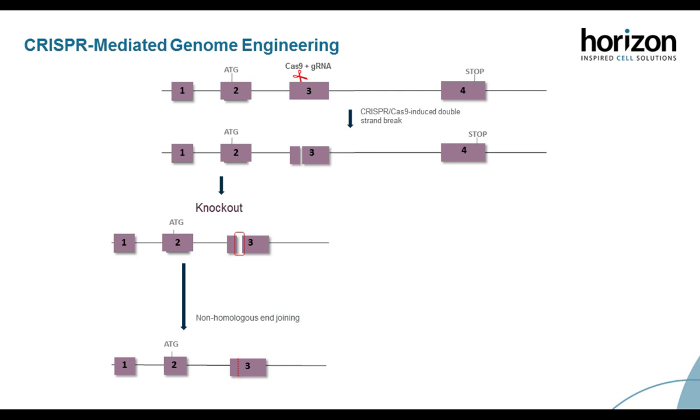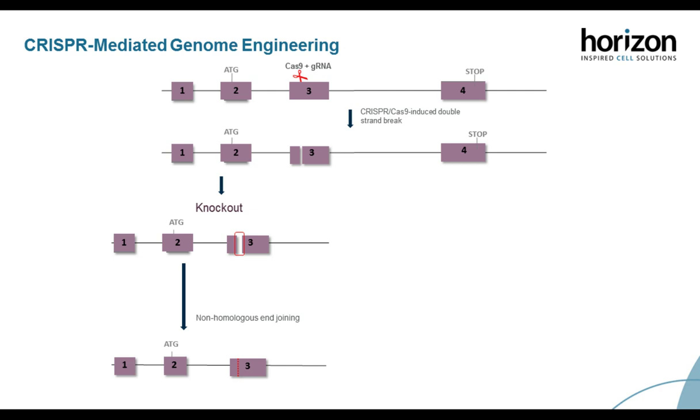This repair machinery is quite error-prone and often results in small insertions and deletions within the cell. And it's these small insertions and deletions that can cause frame shifts in your protein coding sequence and result in a premature stop codon within your gene, making a non-functional protein. So it's really just how the cell repairs this Cas9 cut that generates these knockouts.